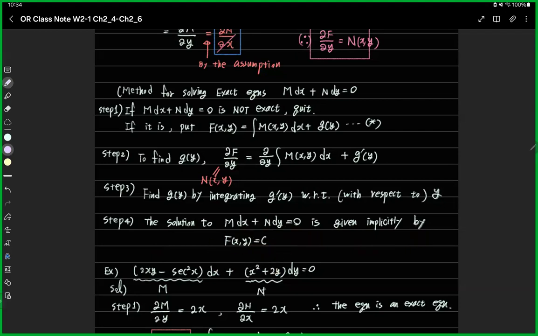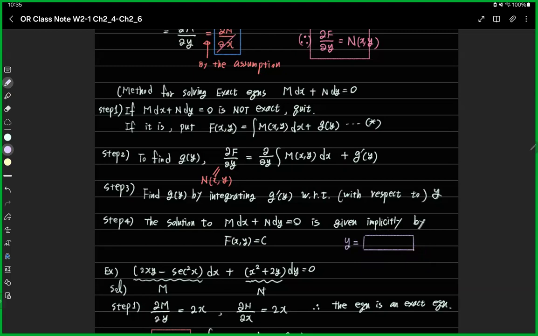Normally in an exact equation, the solution is expressed in implicit form. Implicit is the opposite of explicit. Implicit means that the unknown function y cannot be expressed as a function of the independent variable x, which means that you cannot isolate y.